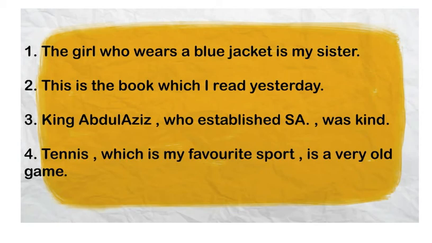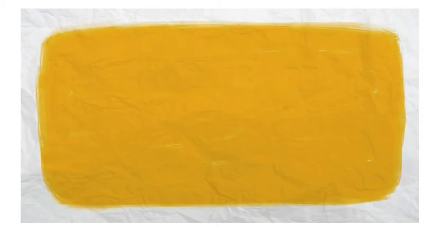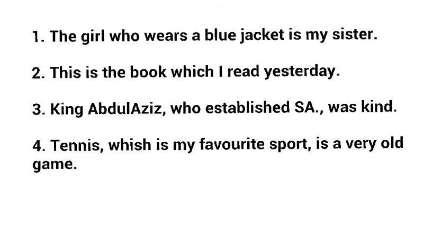In the first sentence, we have the clause who wears a blue jacket. So the first thing, you must decide where the relative clause is. Here we have who wears a blue jacket. In number 2, which I read yesterday.